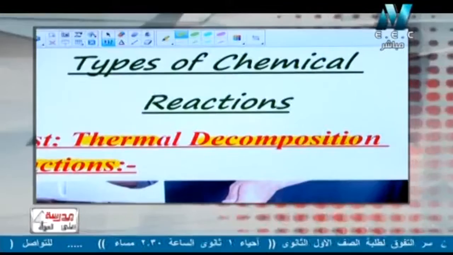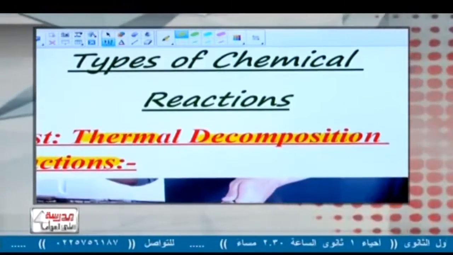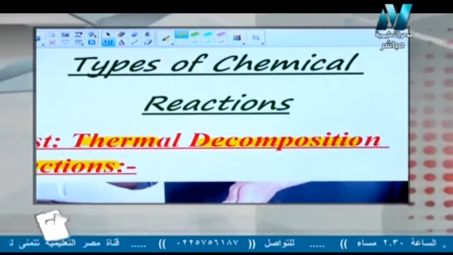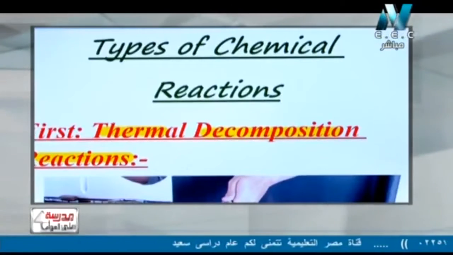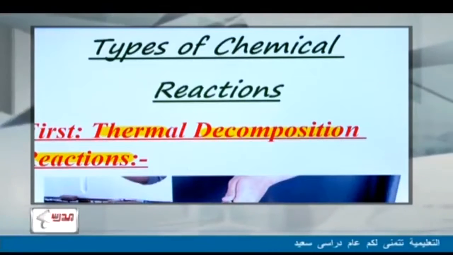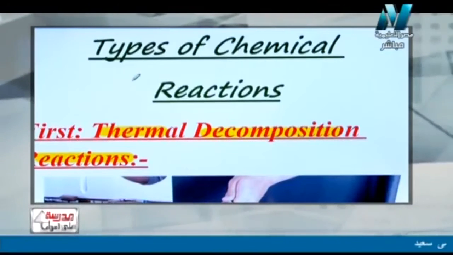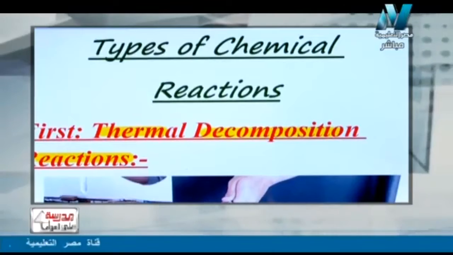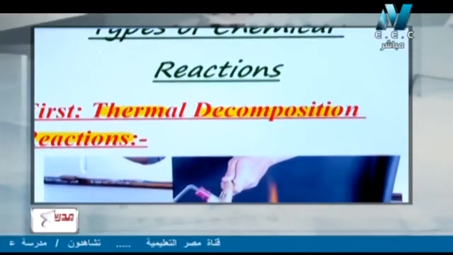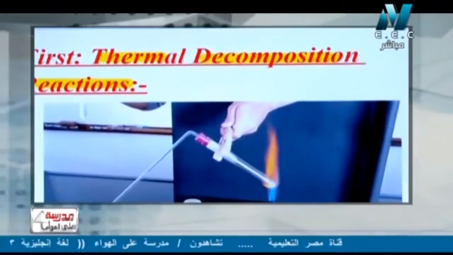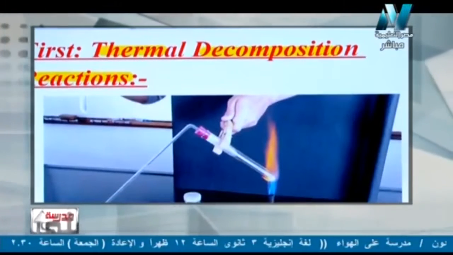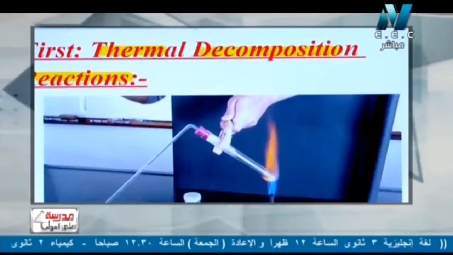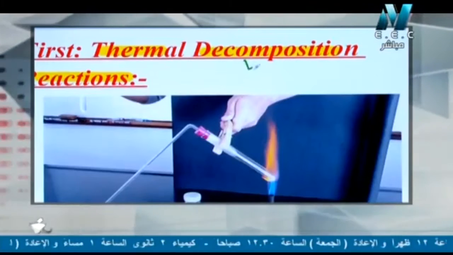Before we explain this definition, we should translate the term. Thermal means heat, decomposition means breaking down, and reactions means the chemical reaction. So how can we define the thermal decomposition reactions? As I say decomposition, here I have number one, breaking down.